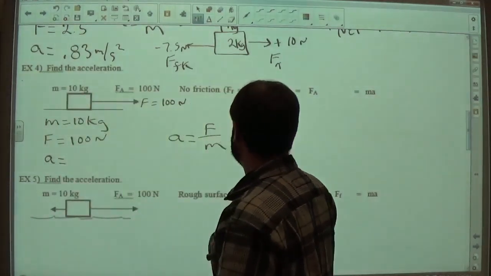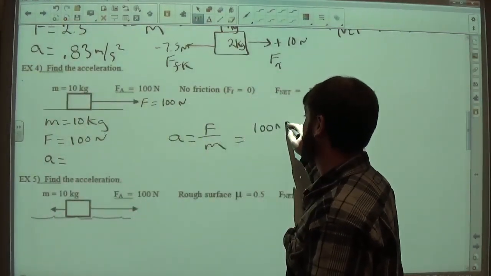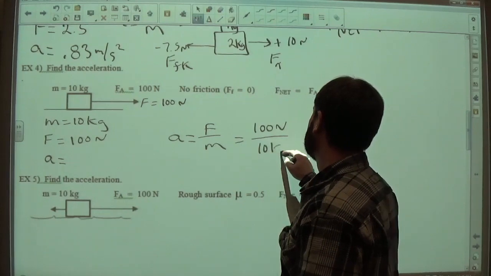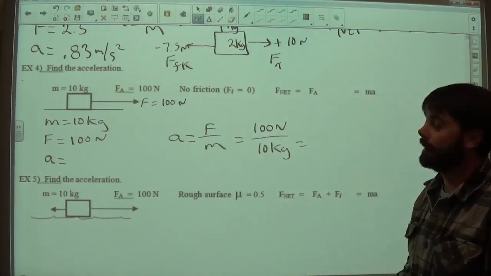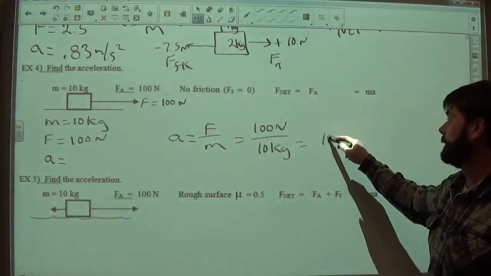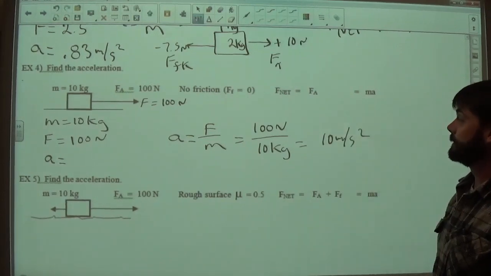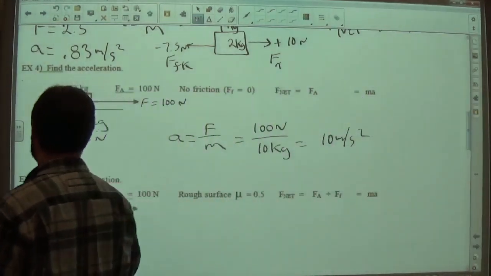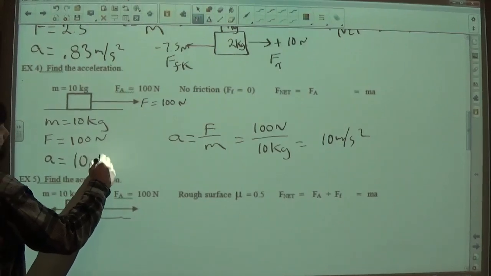So if that's the case, we got 100 newtons and we got 10 kilograms, and 100 divided by 10 is just going to give us 10, and then the acceleration for this would be meters per second squared.